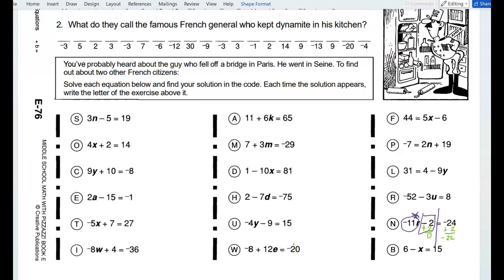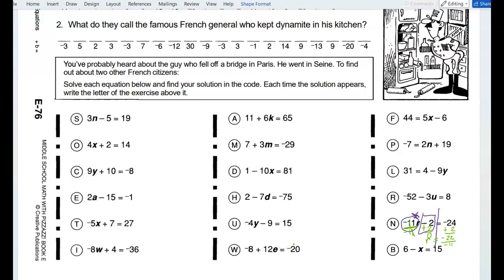All right, so now we have negative 11 times r over here. The inverse or opposite of multiplication is division, and this is what it looks like to divide in algebra. There's that divisor bar. We're going to divide by negative 11, and that's going to give us 1r. And what we do to one side, we do to the other.